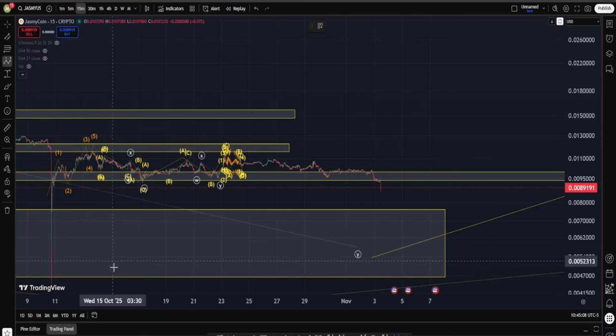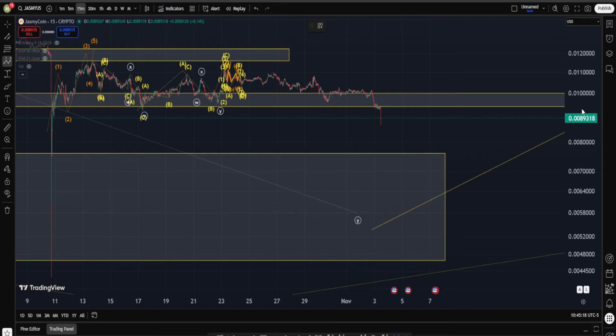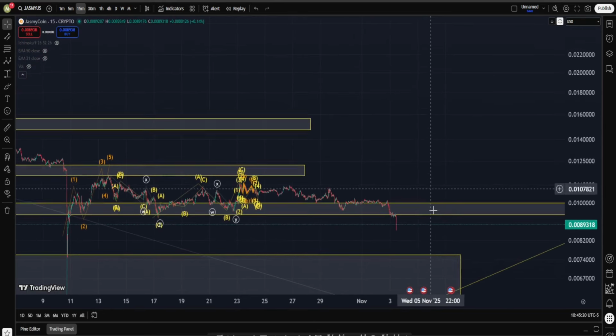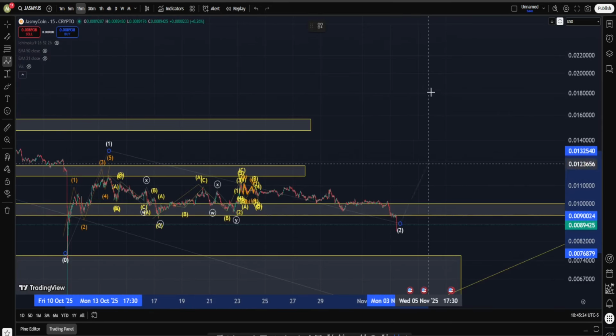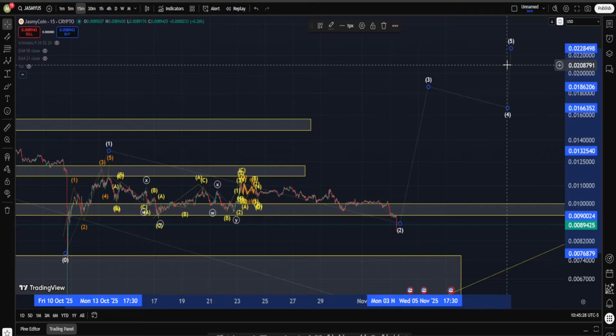And I know this is from TradingView, and the lowest low in Jasmy is not actually somewhere around here. I think it was somewhere around these areas, about 0.6 of a cent. And even with that in mind, I do think that this is hopefully going to be 5 up into 1, and this is a correction for wave 2. And what's next? Good move up into wave 3, 4, 5.